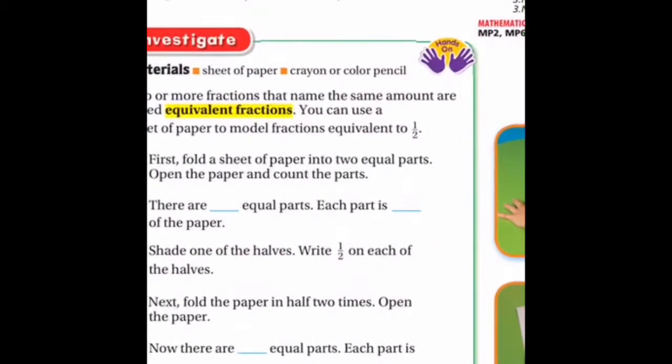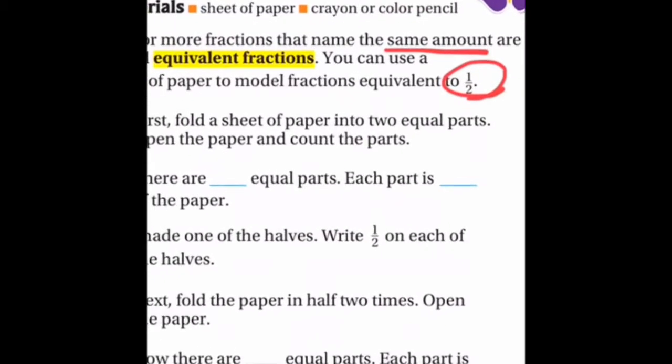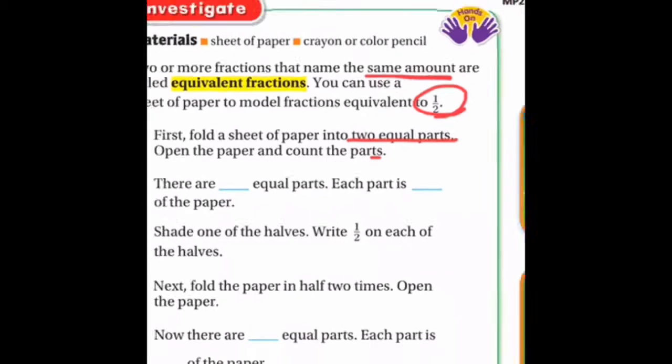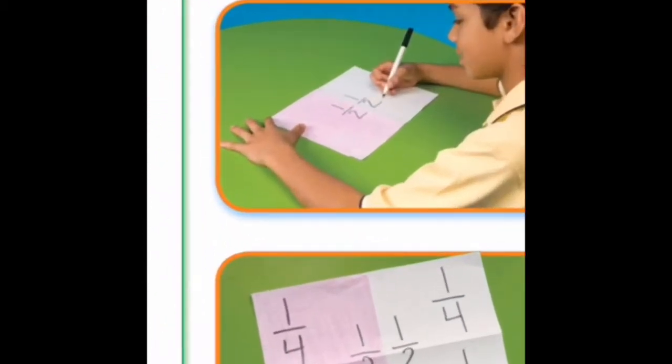It says two or more fractions that name the same amount are called equivalent fractions. You can use a sheet of paper to model fractions equivalent to 1/2. The directions say first, fold a sheet of paper into 2 equal parts. Open the paper and count the parts. And they did that right there.